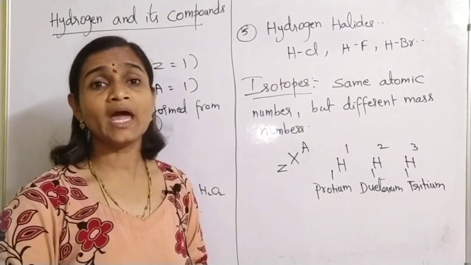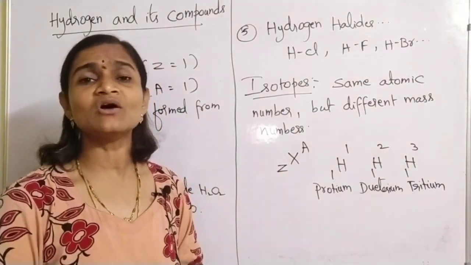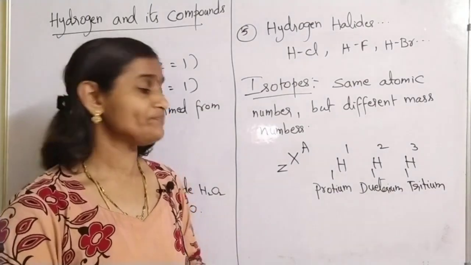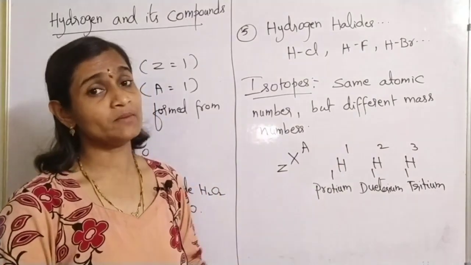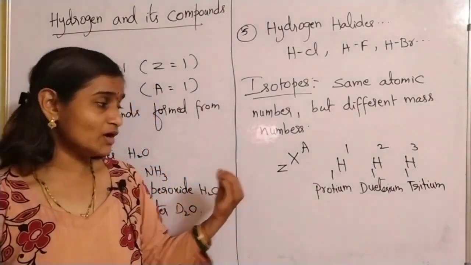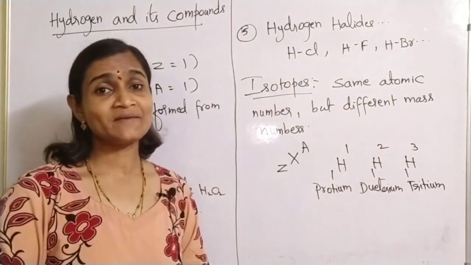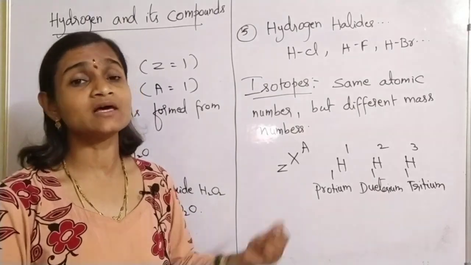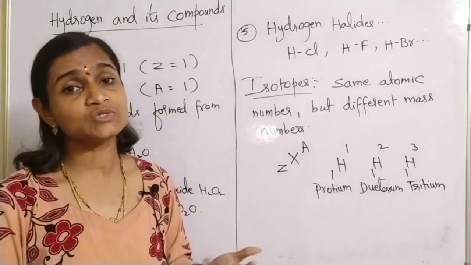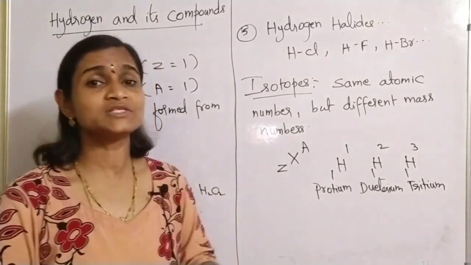And 1H1 represents protium. Most of the time they will ask questions like which of the following isotopes of hydrogen does not have neutrons.